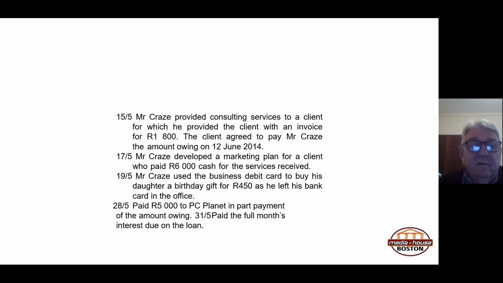So what is the transaction? We paid the 1,000 rand from my account. So my bank account goes down by the amount. And where did it go to? It went to interest.